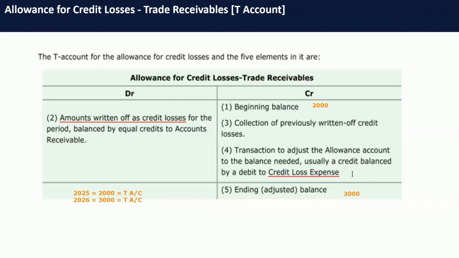So now, can you tell me how you will adjust this 2000 balance into a 3000 balance? What will be your credit loss expense to adjust your 2000 balance into 3000? It's very simple.